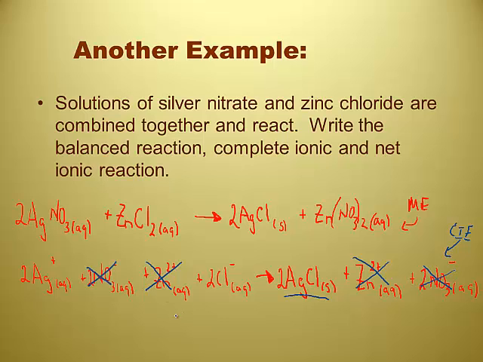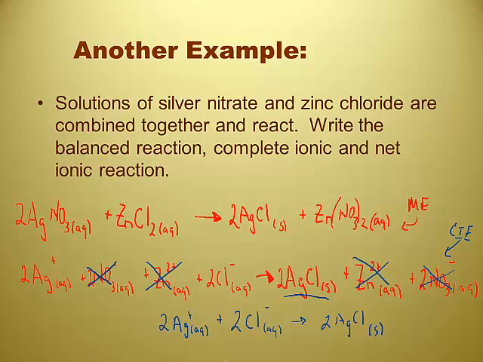Now I just have to rewrite it, right? Yep, rewrite it. So 2 silvers that are both aqueous, 2 chlorines that are aqueous, and they form 2 silver chlorides that are not aqueous. Those are the ions involved in the reaction, because it is a precipitate reaction.